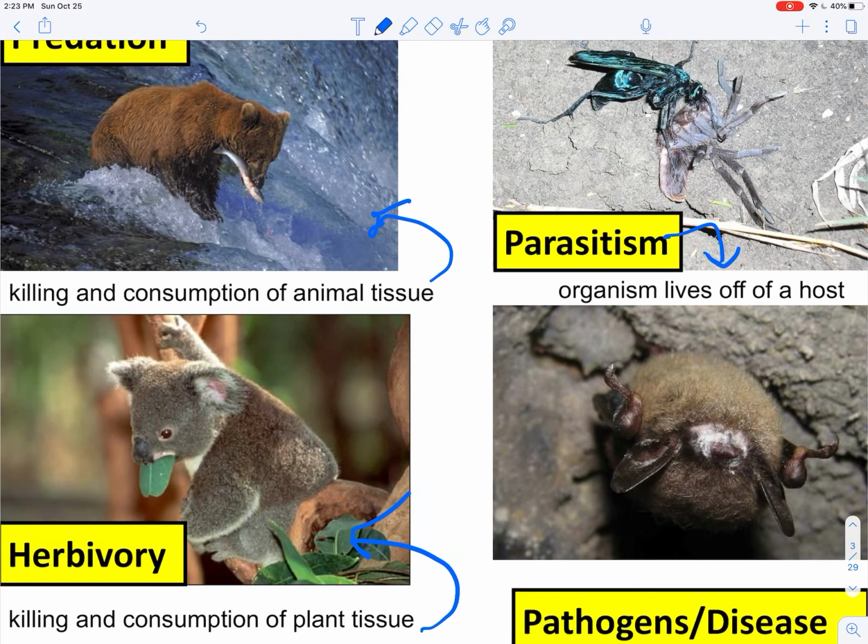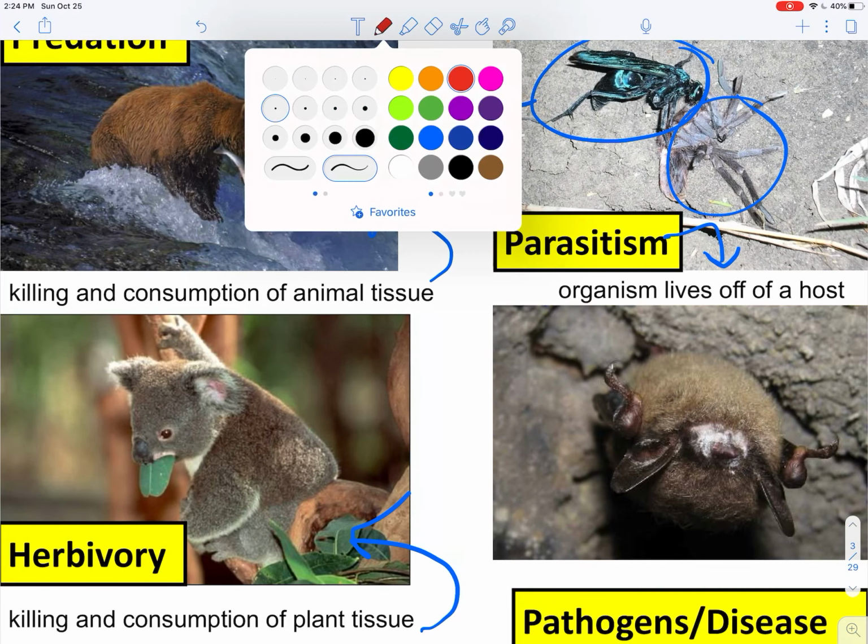So we define parasitism when an organism lives off of a host. In this example, we are looking at a tarantula and a wasp here. This is called a pompilid wasp, in the family Pompilidae. And this wasp is considered to be a parasitoid.